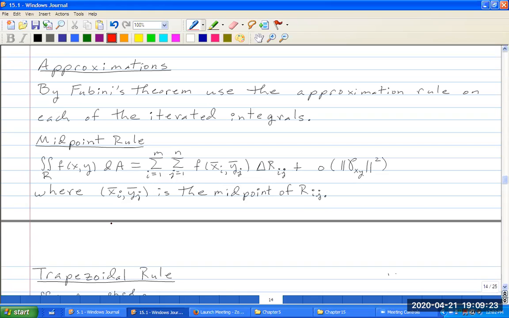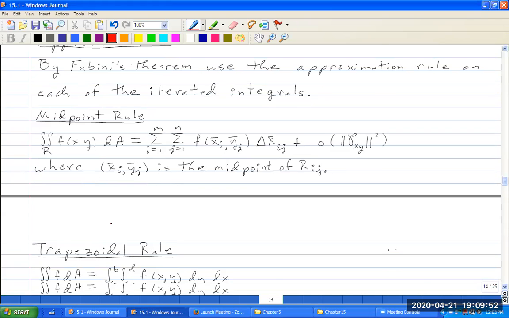We can use those same approximation rules, and assuming that Fubini's theorem works, we can then just do these approximations on the iterated integrals and get an approximation formula for functions of more than one variable when we're integrating over those functions.